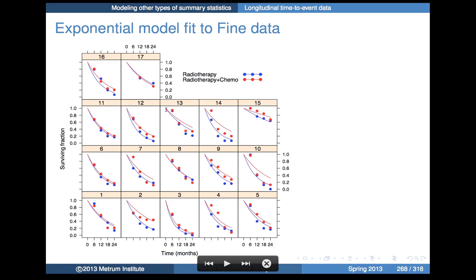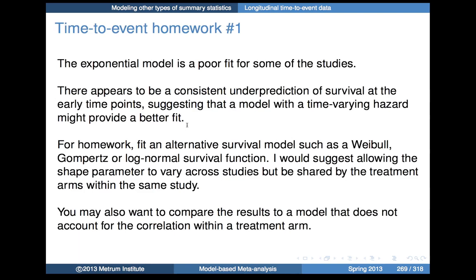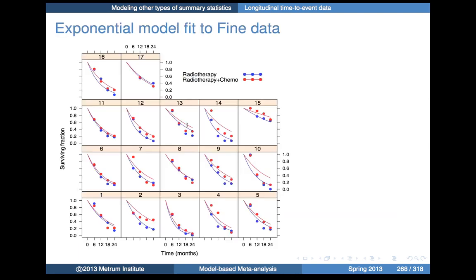It's kind of lower hazard at the beginning and then an increasing hazard over time, rather than a model that assumes the hazard is constant over time, which is what this exponential model assumes. So it's probably the case that some other kind of model should give us a better fit.